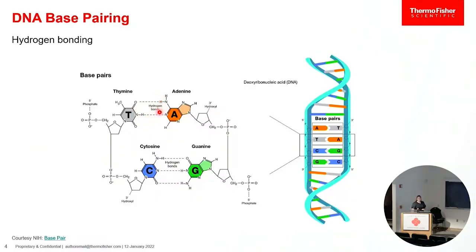With adenine and thymine, we have 2 hydrogen bonds. With cytosine and guanine, or cytosine and uracil, we have 3. So if we're looking at how tightly everything matches each other on our 2 DNA molecules, we're going to have a tighter association with cytosine and guanine versus adenine and thymine.